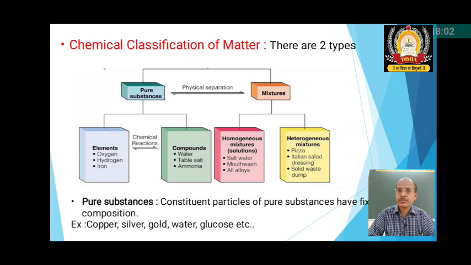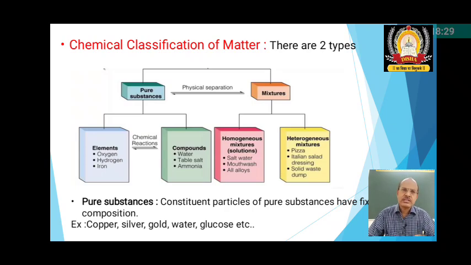Like that, glucose. In glucose you will find C6H12O6. That means there you will find the fixed composition: 6 carbon atoms, 12 hydrogens, and 6 oxygen atoms. C6H12O6.